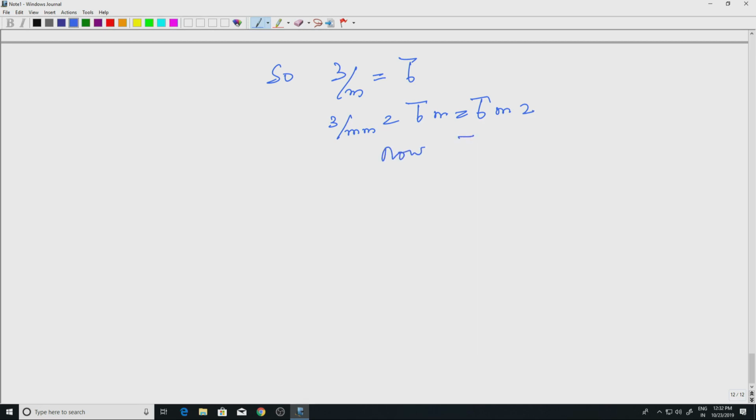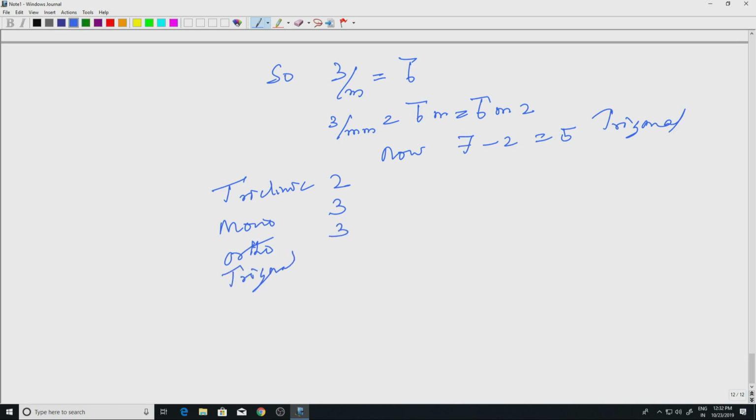Now 7 minus 2, trigonal. So triclinic 2, mono 3, ortho 3, trigonal 5, tetragonal 7, hexagonal 7.